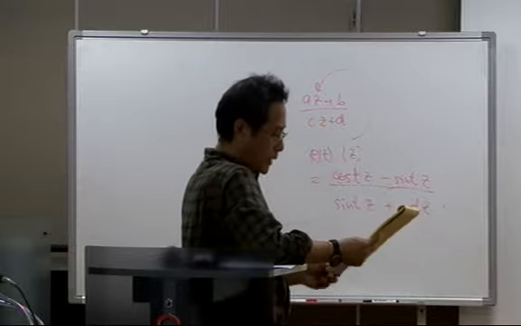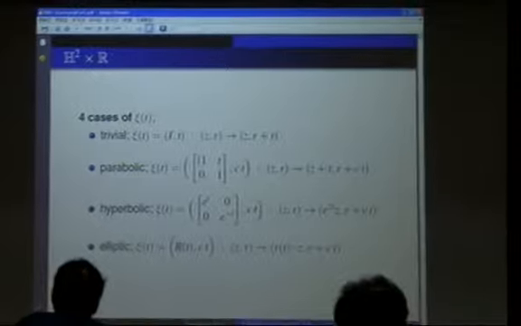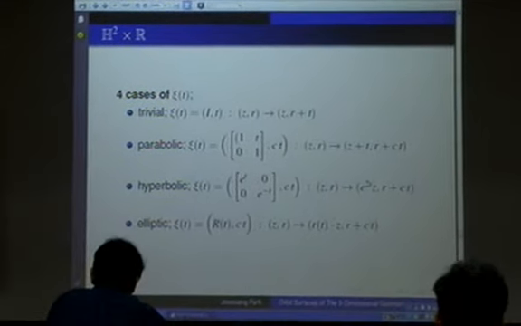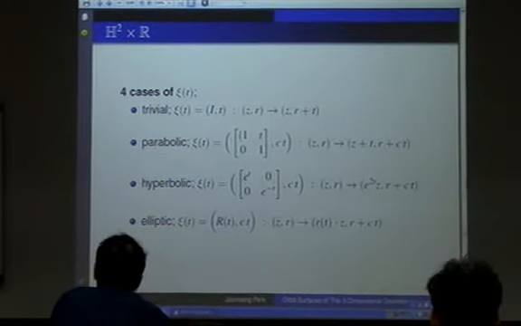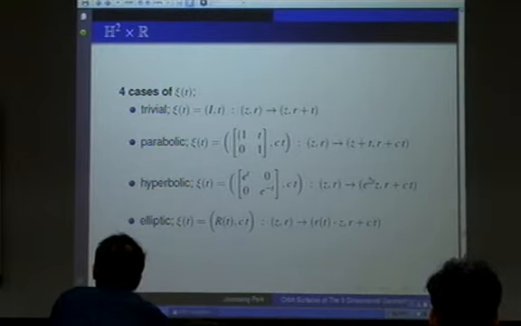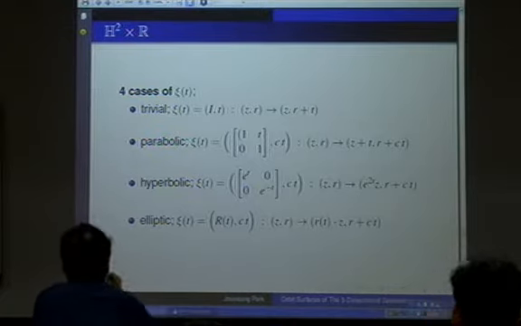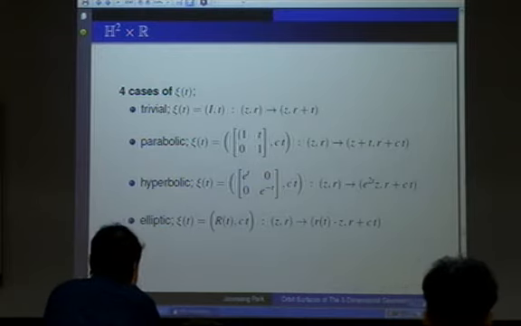Okay, so for the trivial case, as you might guess, there is nothing interesting. M should be H2. And for the parabolic case, the curvature function is a little bit complicated, but one interesting thing is that when we use the coordinates x and y for M, the curvature doesn't depend on one variable.